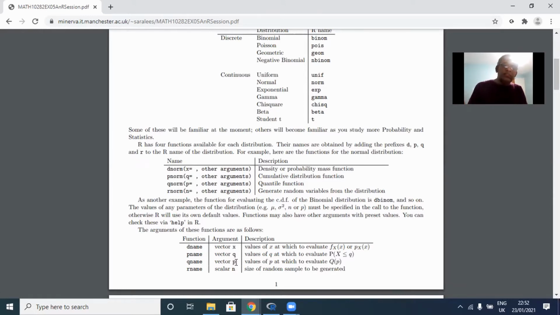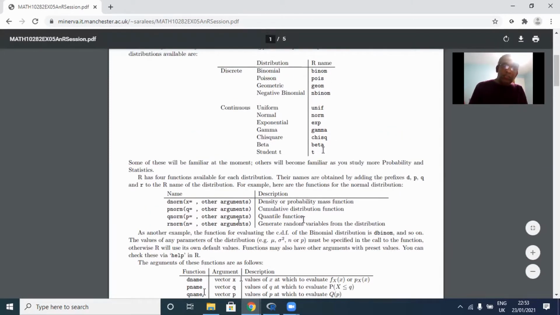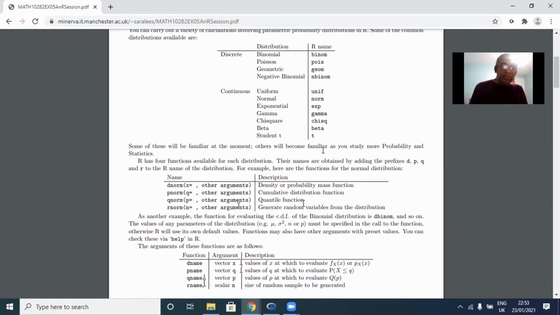P specifies the probabilities at which you want to compute the quantile. Q specifies the values at which you want to compute the CDF. And x specifies the values at which you want to compute the density. So this table at the very end of page 1 applies to any distribution. It can be one of these 4 or one of these 7 or any other distribution that you want to work with in R.